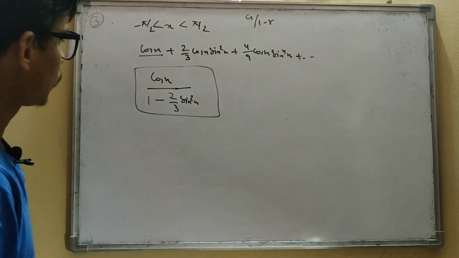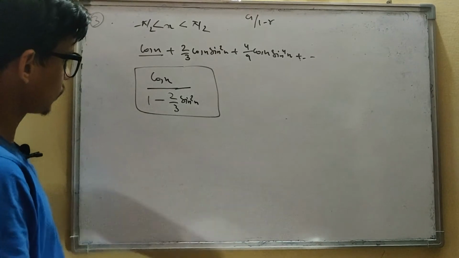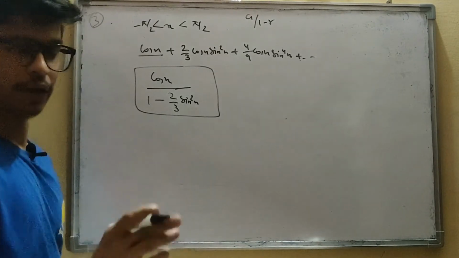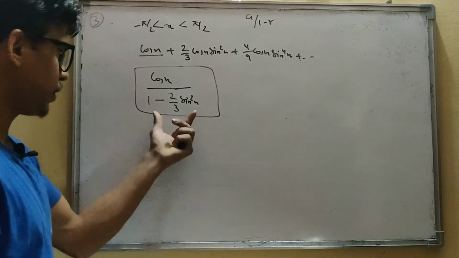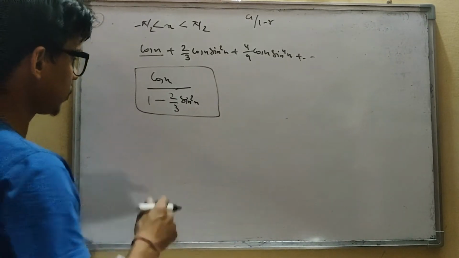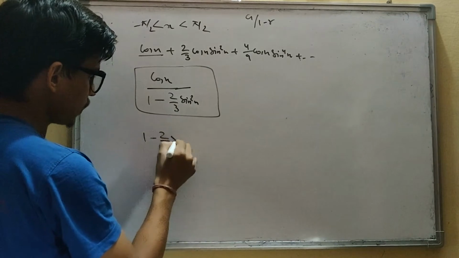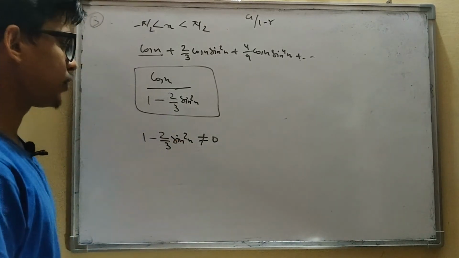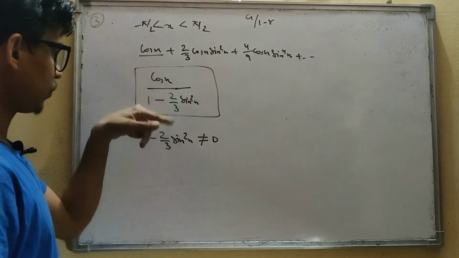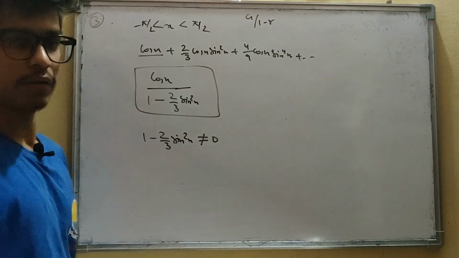In order for the sum to be finite, this value should not be equal to 0. So 1 minus 2 upon 3 sine square x should not be equal to 0, because if it is 0 then the whole term is going to be infinite, right?